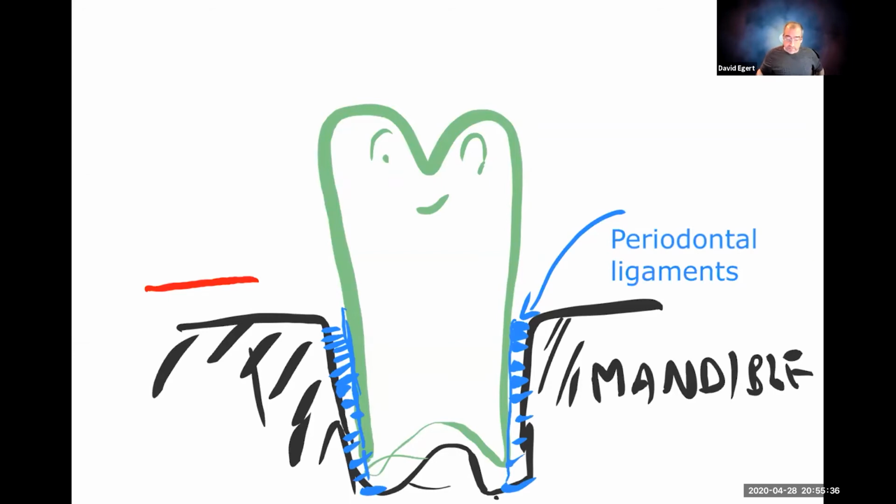So this is going to be a synarthrotic fibrous joint. Synarthrotic because it's not going to move. Fibrous because it's little fibers that are connecting between the tooth and bone. What's the official word for this special joint? Gomphosis. That's the gomphosis.